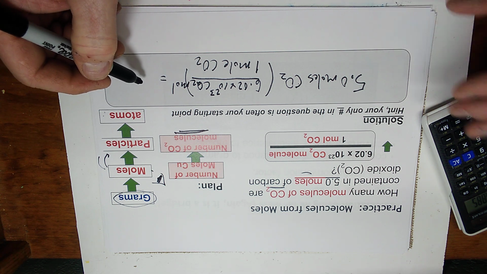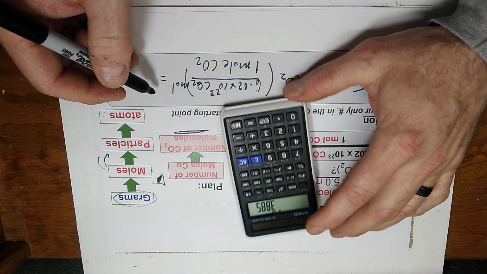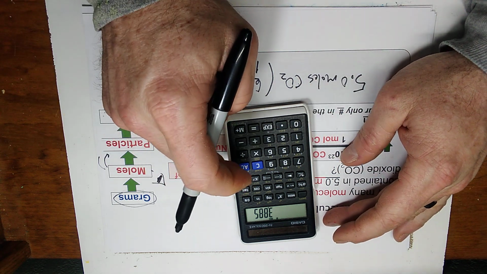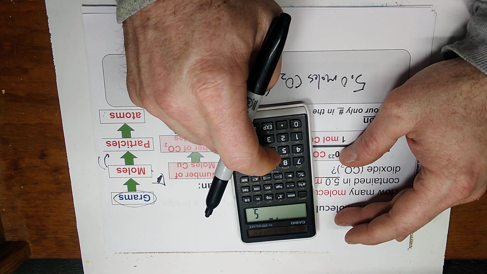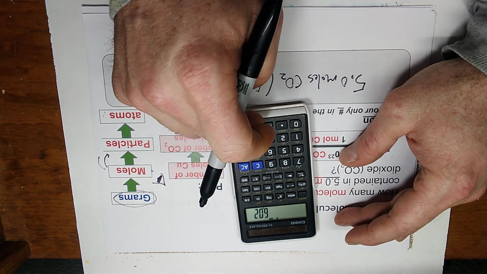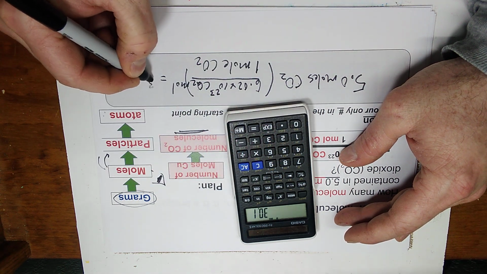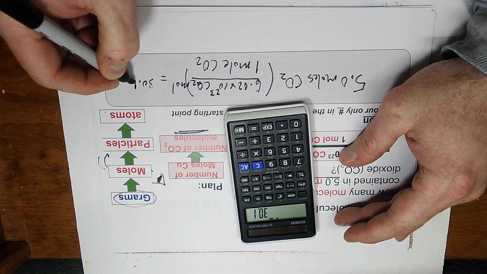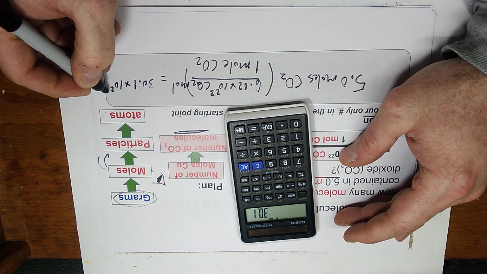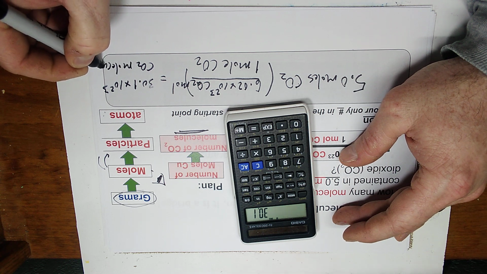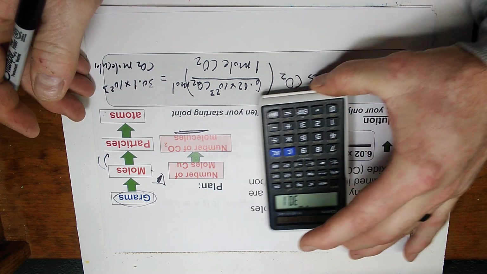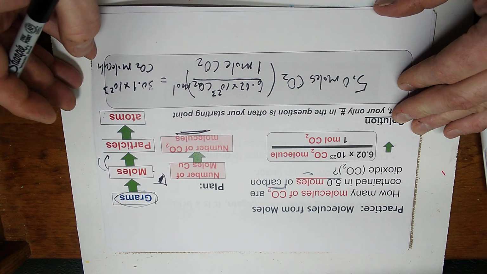And we can just do the math then. And I said in class, if you're worried about the 10 to the 23rd, don't worry about it. Just do the 5 times the 6.02. So we get 30.1 times 10 to the 23rd CO2 molecules.